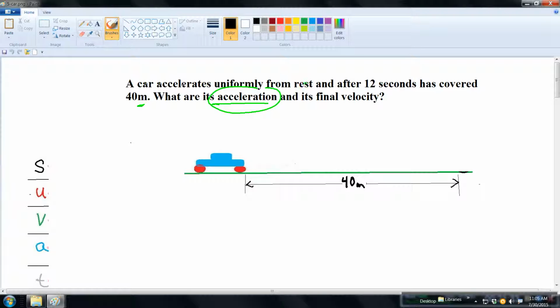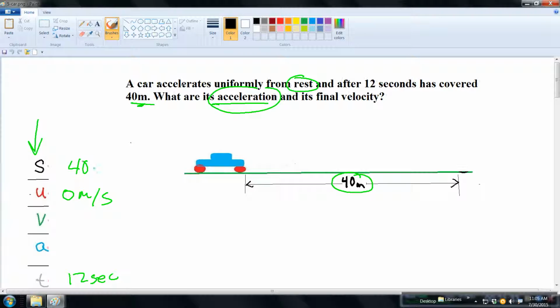We've got to find 3 out of the 5 unknowns, which are SUVAT. So what we do is step 1, enter SUVAT vertically. Step 2, enter our information that we do have. Well, we know that 12 seconds has passed. We know that a car accelerates from rest, so we have a 0 meters per second initial velocity and has covered a displacement of 40 meters.